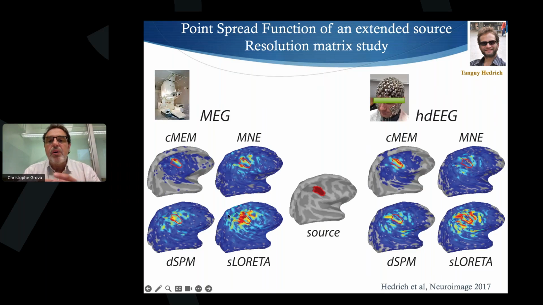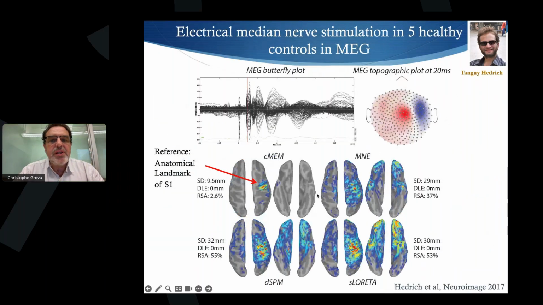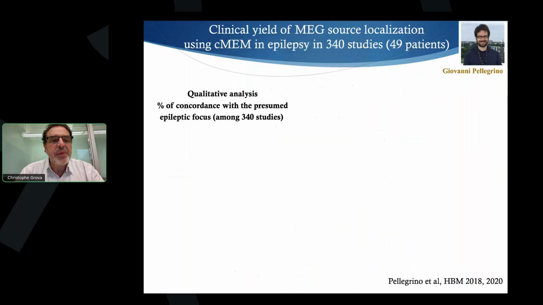Of course, all the methods localize the maximum very well, but we have more spatial spread in those linear techniques, either in MEG or high density EEG. And this is for localization of the first peak of an electrical median nerve stimulation. Same, the peak is well localized, but the spread is a little bit more locally focal in MEM.